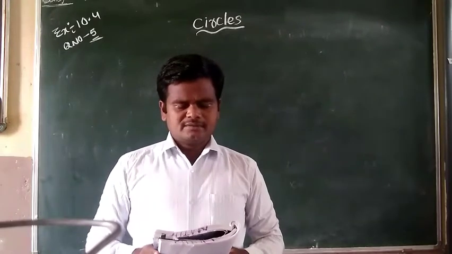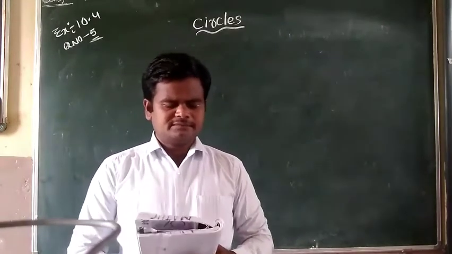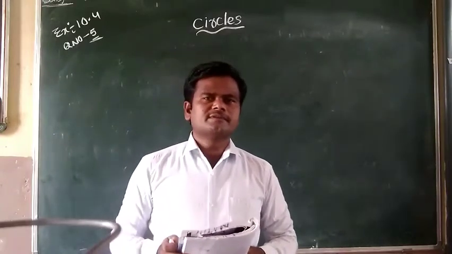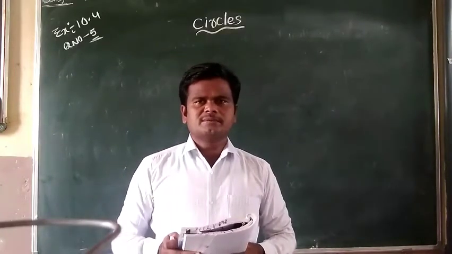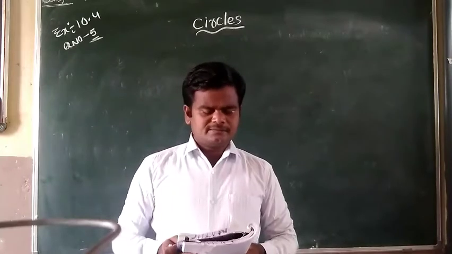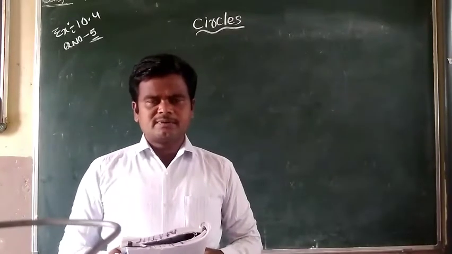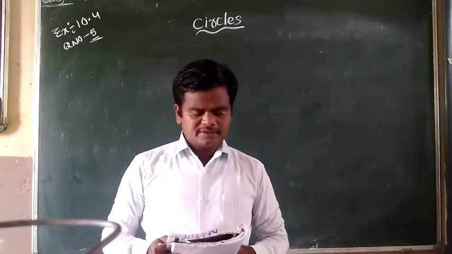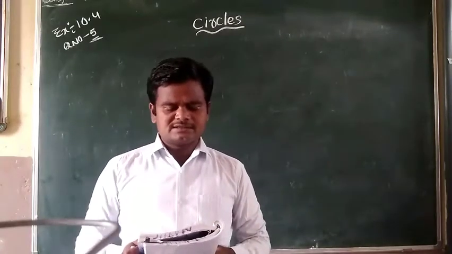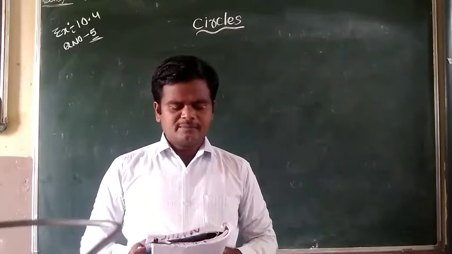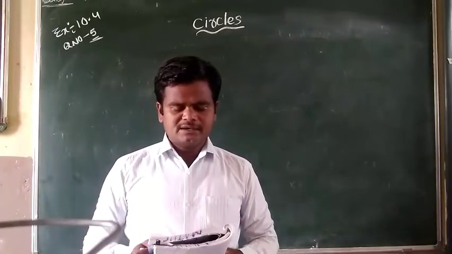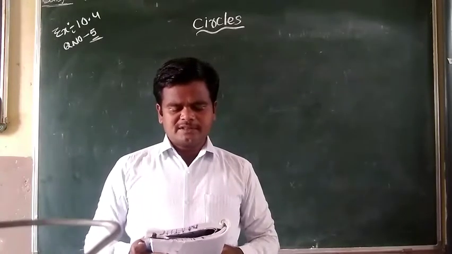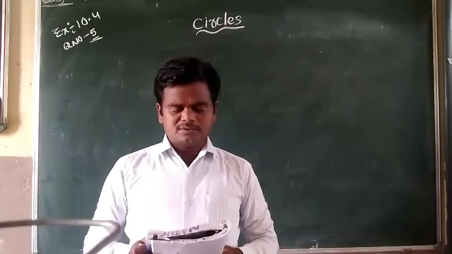Today I am going to explain the fifth and sixth problem. It is given that three girls, Reshma, Salma, and Mandeep, are playing a game by standing on a circle of radius 5 meter drawn in a park. Reshma throws the ball to Salma, Salma to Manideep, Manideep to Reshma.